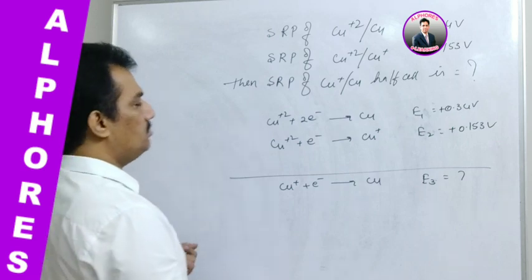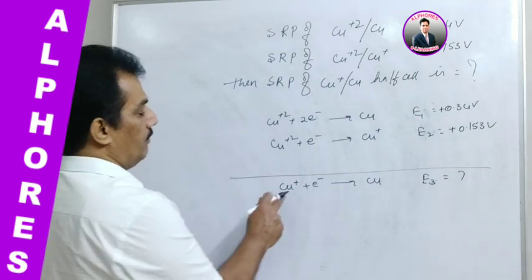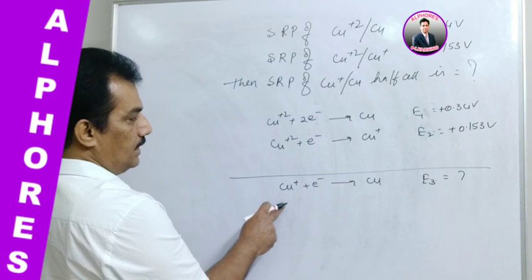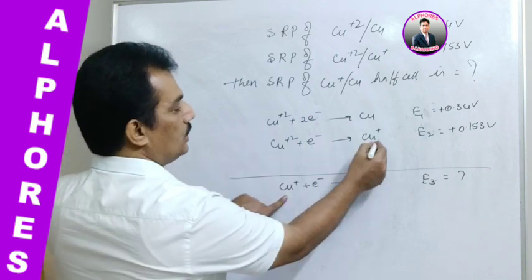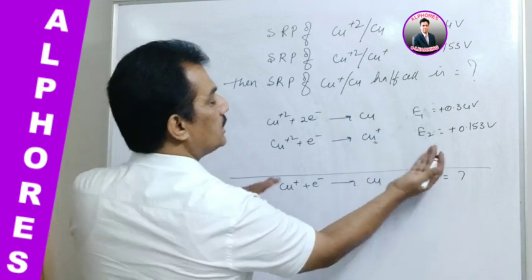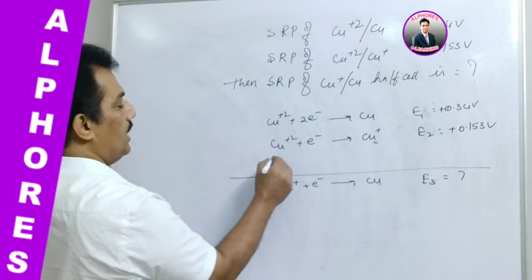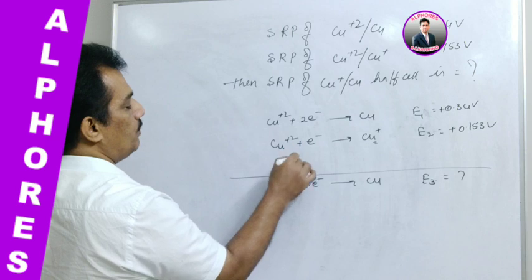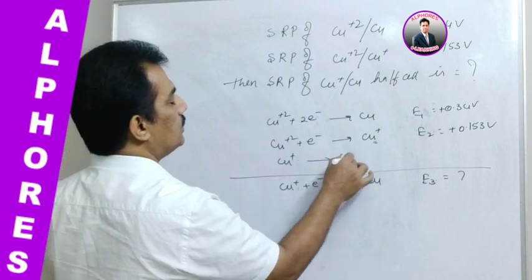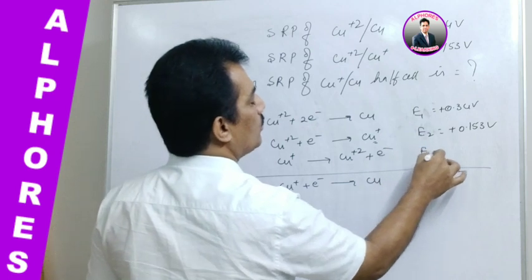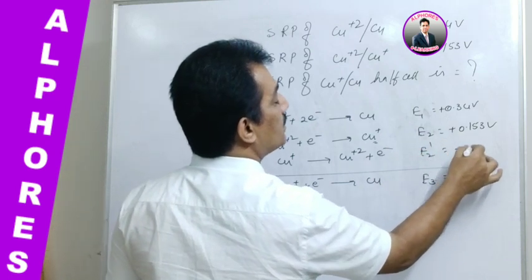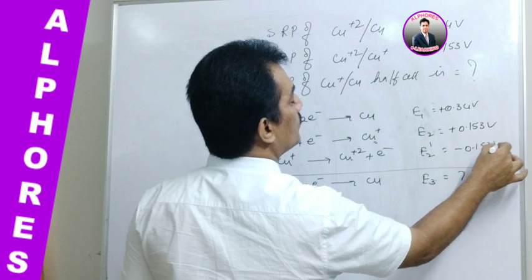Clear? Now simply we have to rearrange. Reactant should be on the reactant side, but here Cu+ is on the product side, so let us reverse it. Then what we get is Cu+ giving Cu+2 plus an electron, and here E2 bar will now become -0.153 volts.